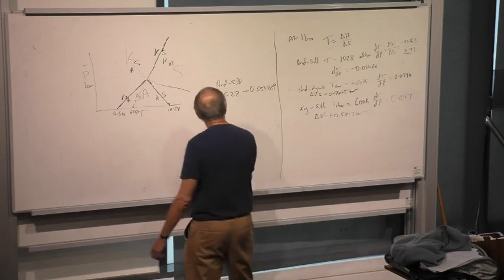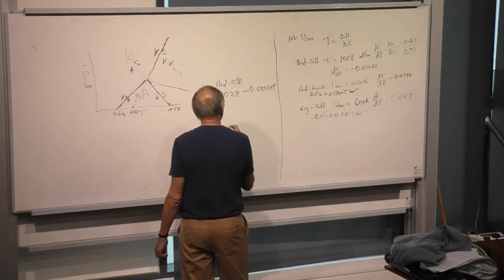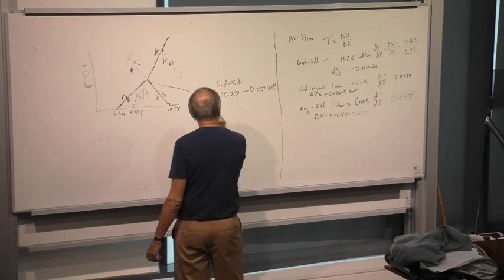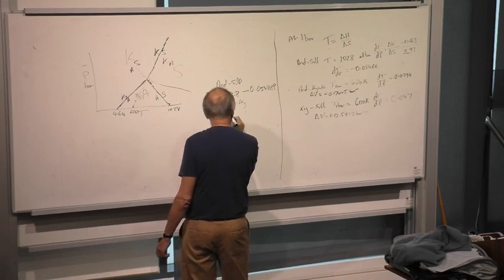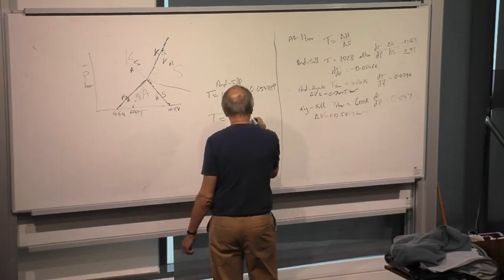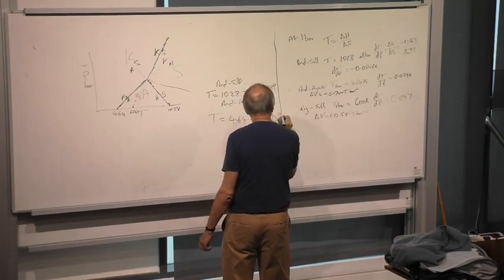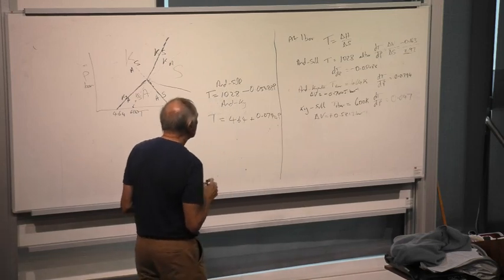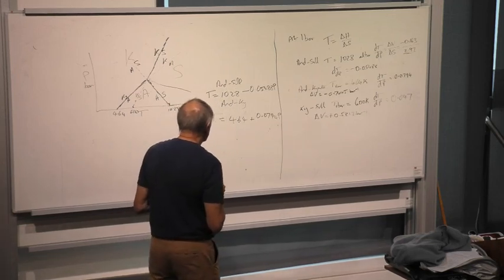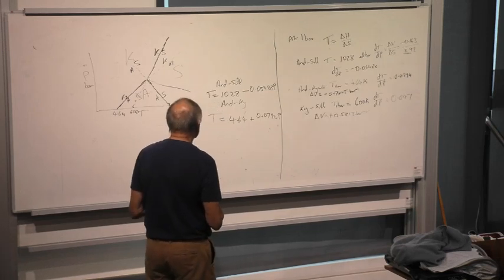And then for the second reaction, andalusite kyanite, T is 464 plus 0.0794 P. So there we go, simultaneous equations, we can solve them.